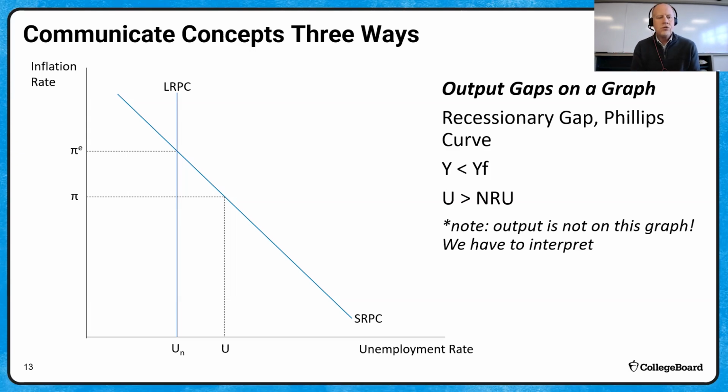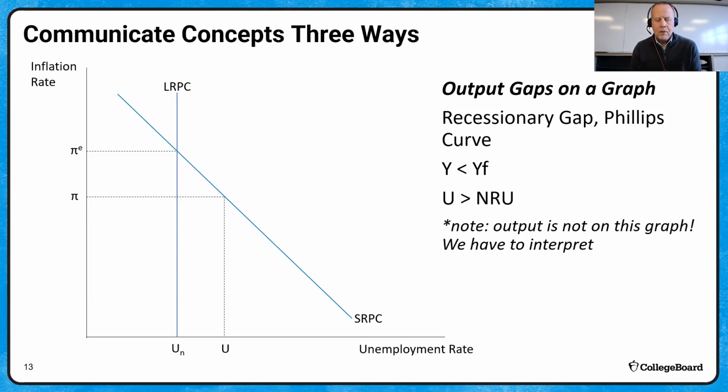This is the one that confuses a lot of students, because we try to make parallels between ADAS and the Phillips curve, and we have to be careful. We know that in the case of ADAS, as we showed just a moment ago, the recessionary gap exists to the left of the long run aggregate supply curve, that vertical line. So we get that in our heads. We've known that for a while by the time we get to the Phillips curve, and it's so easy to confuse that and think that the same thing is true here.